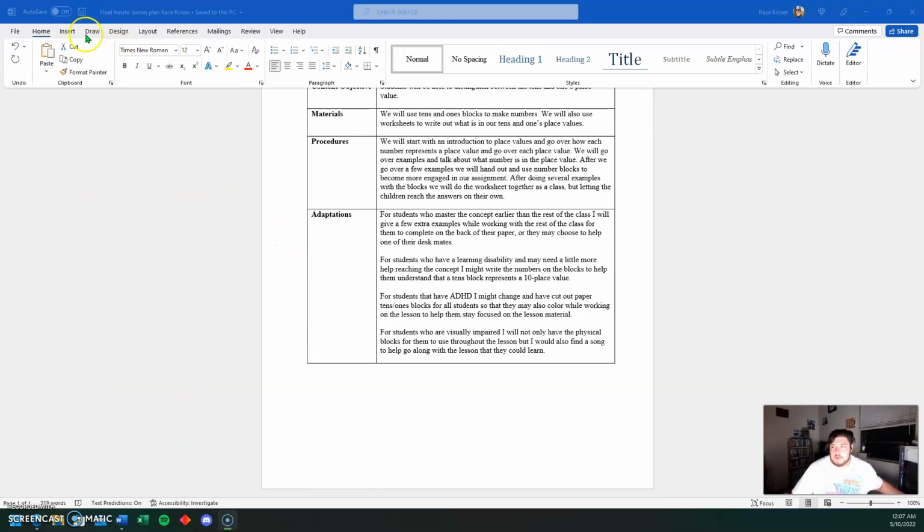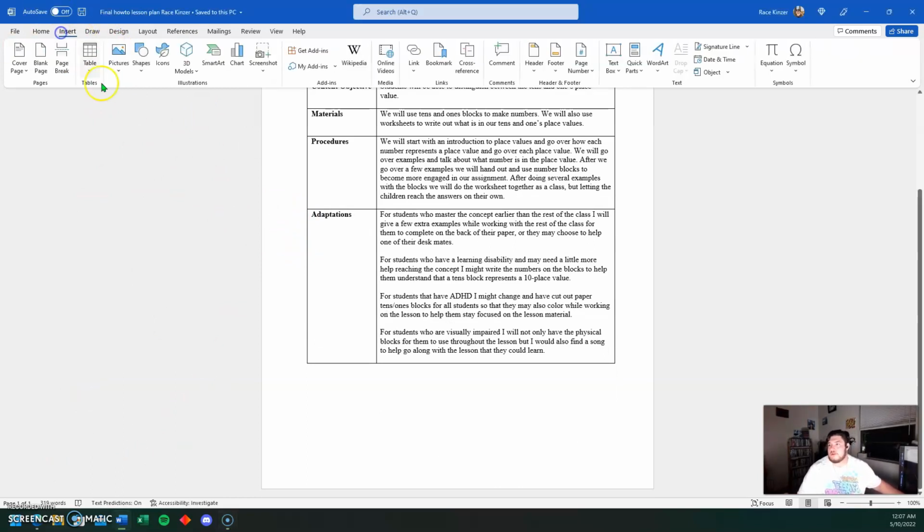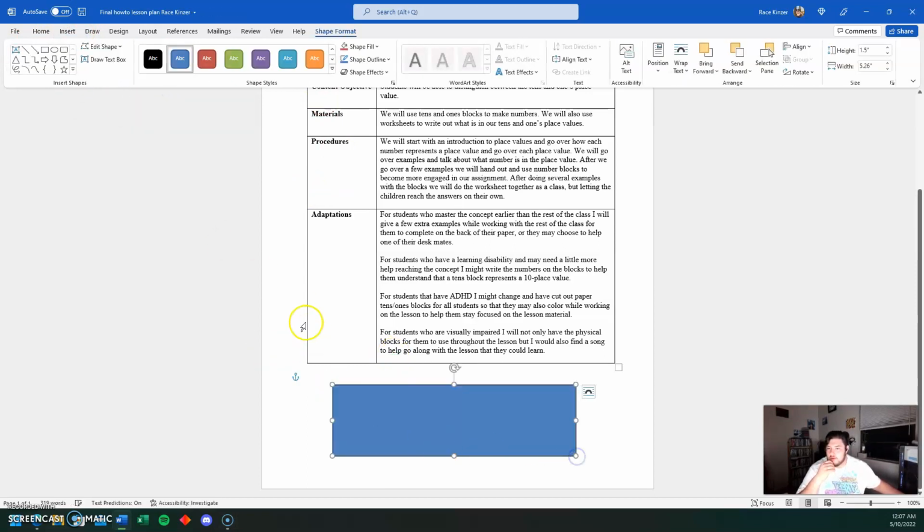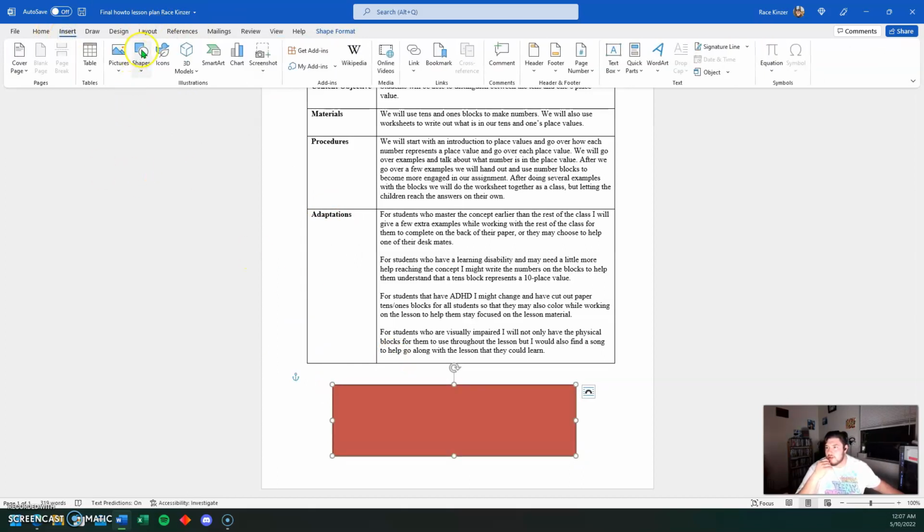So I could even do a quick example on the Word doc. I would go insert, shapes, square.